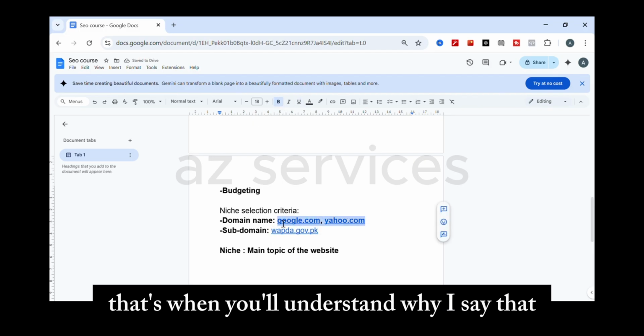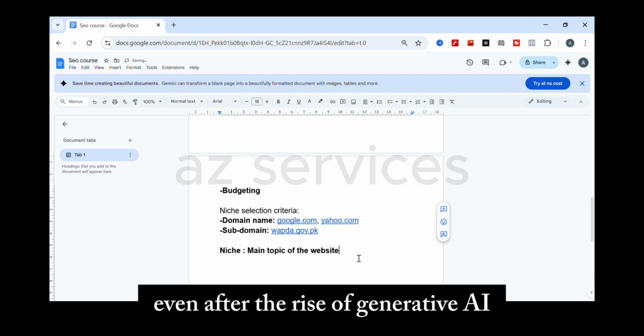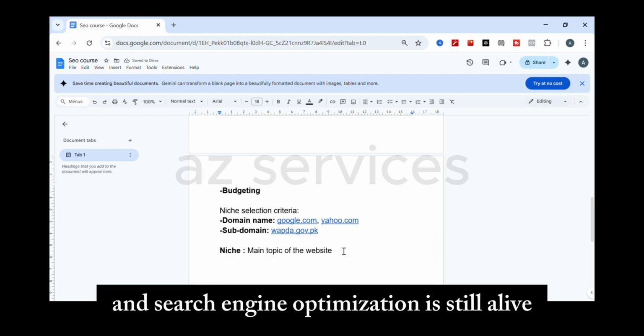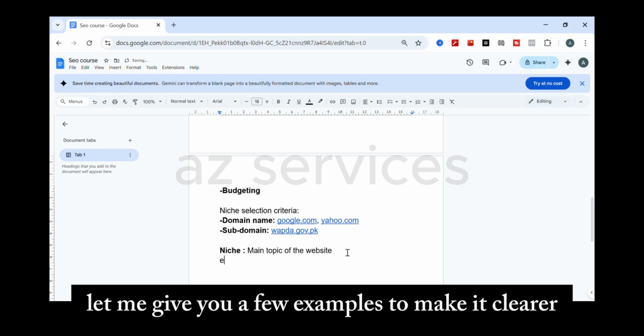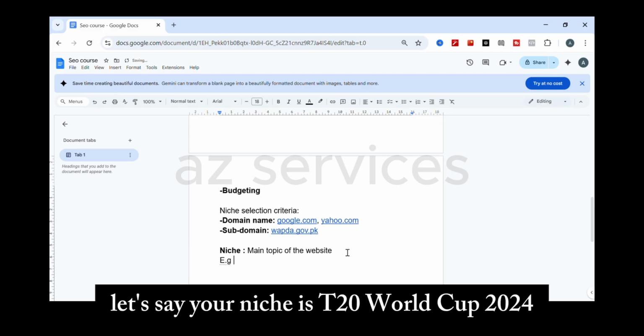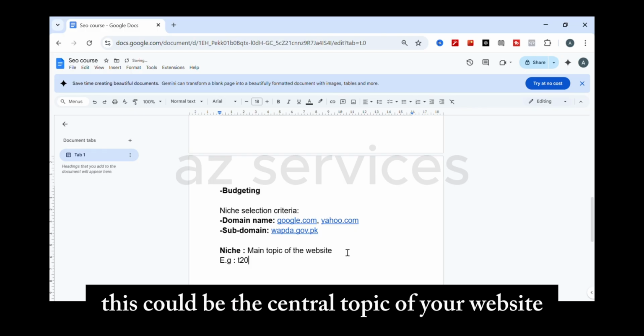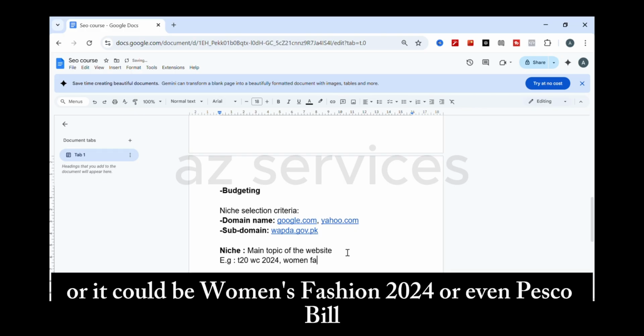That's when you'll understand why I say that even after the rise of generative AI, blogging is still alive and search engine optimization is still alive. Let me give you a few examples to make it clearer. Let's say your niche is T20 World Cup 2024. This could be the central topic of your website, or it could be Women's Fashion 2024, or even Pesco Bill.